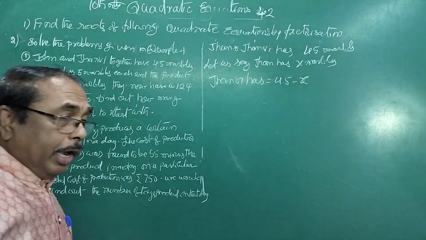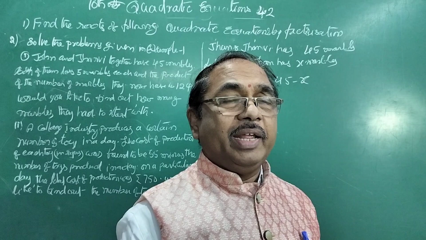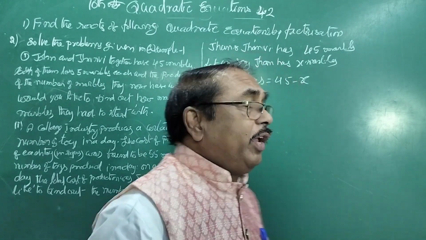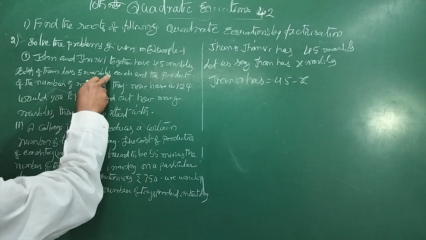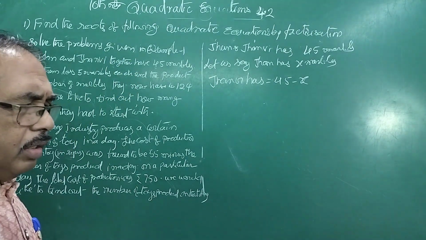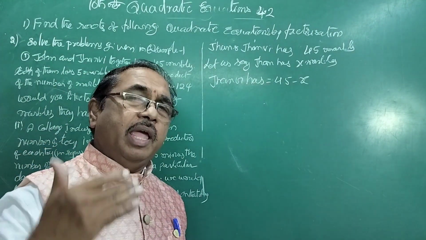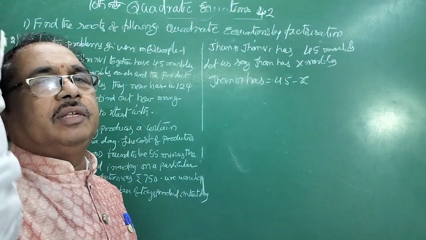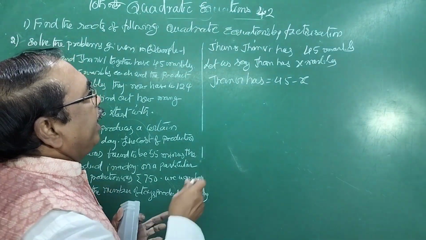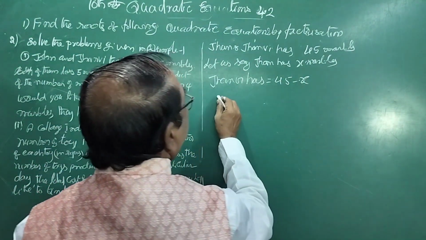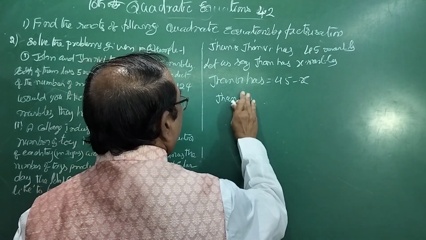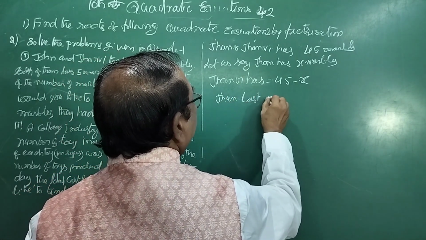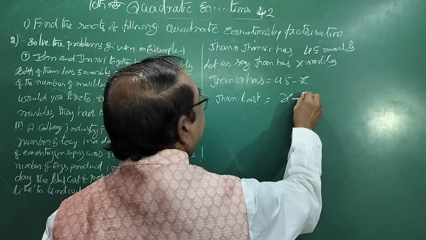Yes. Now another piece of information that has been given: they lost 5 marbles each. John has lost 5 marbles and Janvi has also lost 5 marbles. Let us write. John had x in total, after losing, x minus 5.